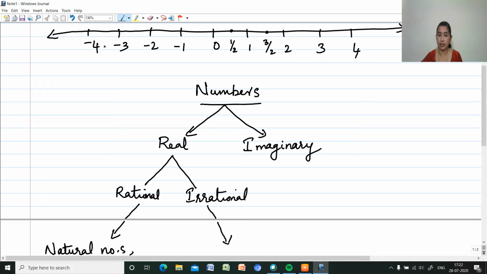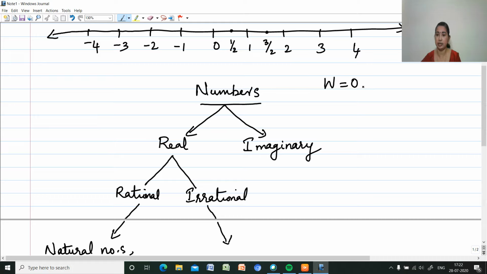We can see here on the number line a lot of numbers, positive numbers, negative numbers, including 0. So here 0, 1, 2, 3, 4, etc. we call whole numbers.